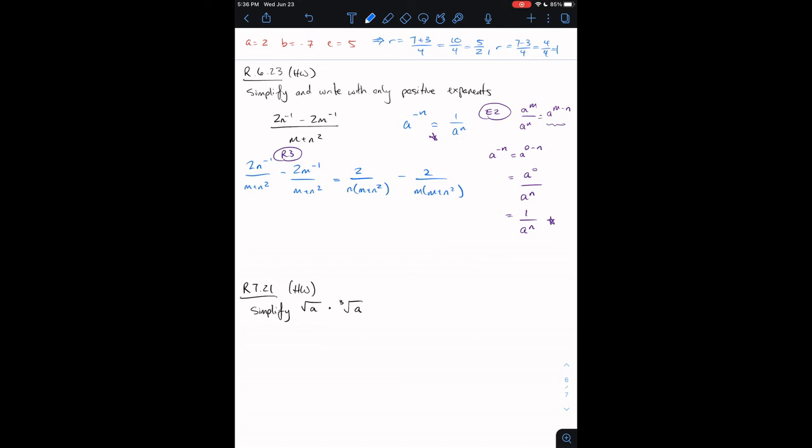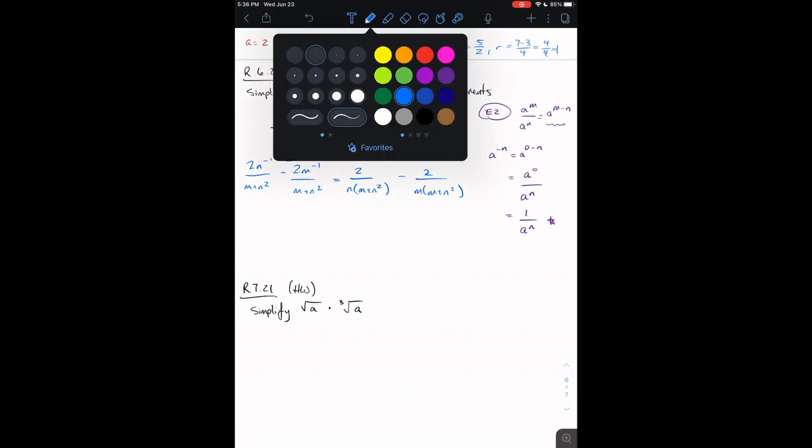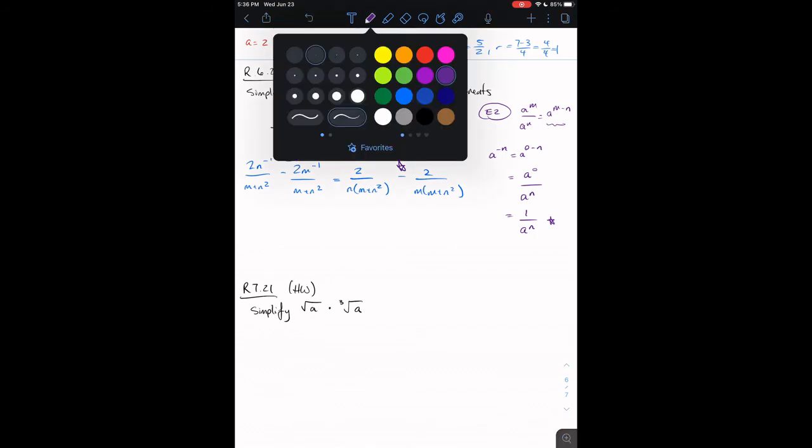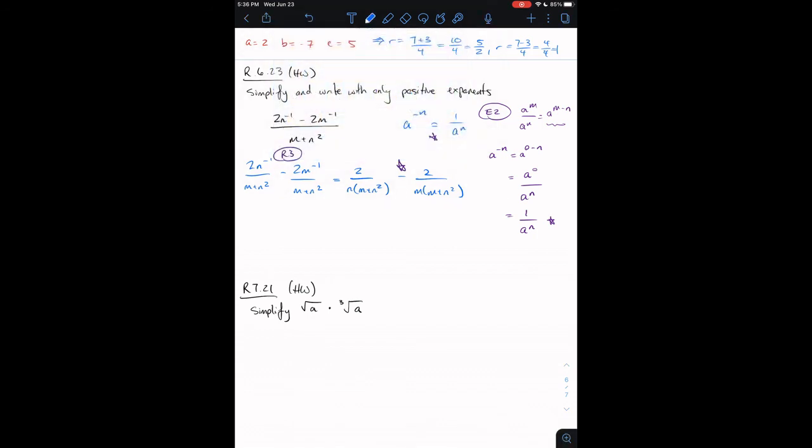In order to simplify this, we use star here. I need to bring these two rationals together into one expression. And how I do that, again, is I need to find a least common denominator. If you don't see it right away, it might seem a little bit difficult to see at first.